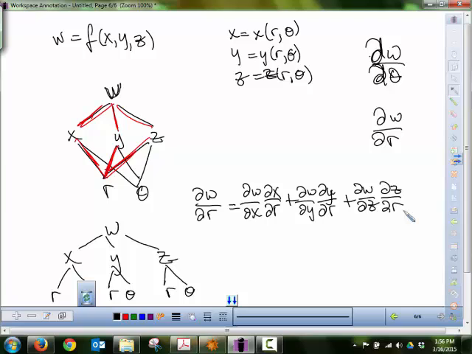So that's my template formula. Now, if I had actual functions here for f and for x, y, and z, then I would just find those derivatives and plug them into my formula, and then I'd be set. Okay? So that's a chain rule. Kind of.